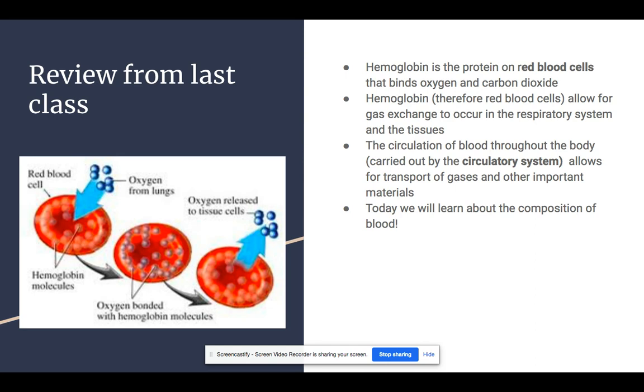Remember from that pressure gradient. If there's a high pressure gradient of oxygen or high concentration of oxygen on the red blood cells, and there's a low pressure gradient of oxygen in the tissues, again, why would there be a low oxygen gradient in the tissues? Because your tissues are using up that oxygen during cellular respiration to make ATP.